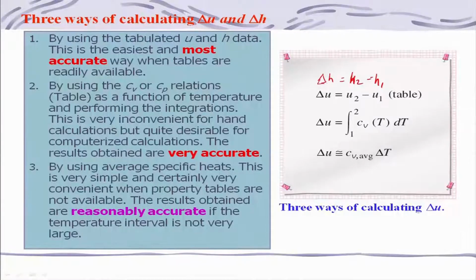There is another way of doing it. Either Cv or Cp can be related to temperature through polynomials, as I told you, a third order polynomial. For example, for Cp, I can write A plus B T plus C T squared plus D T cubed, where A, B, C and D are coefficients or constants.